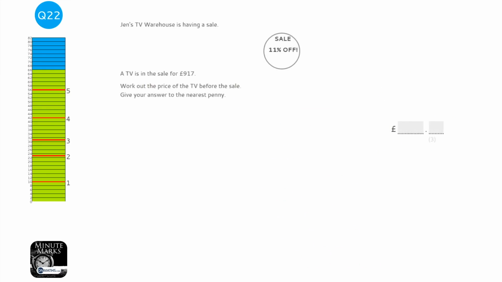The easiest way to answer this question on the calculator paper is to think in terms of multipliers. Now multipliers are a nice easy decimal you times something by to do whatever the question's asking you to do, so either increasing it by a percentage or decreasing it by a percentage. So if we ignore the second part of the question, just focus on this bit, 11% off. We always start off with 100%, always, and 11% off would have taken away 11% from that.